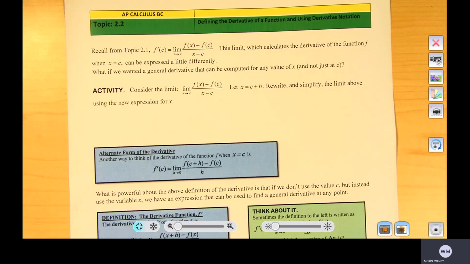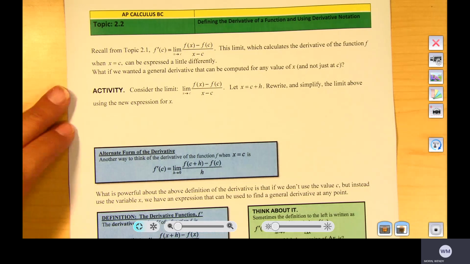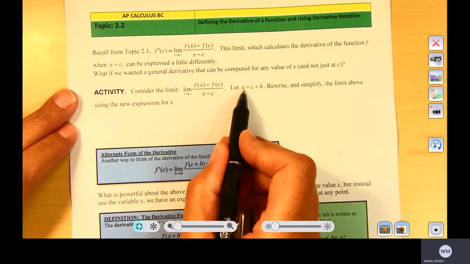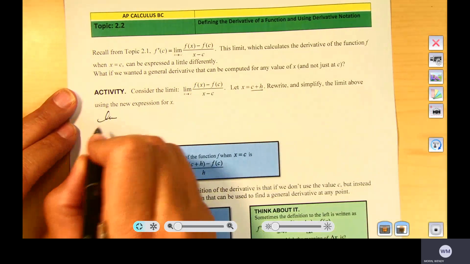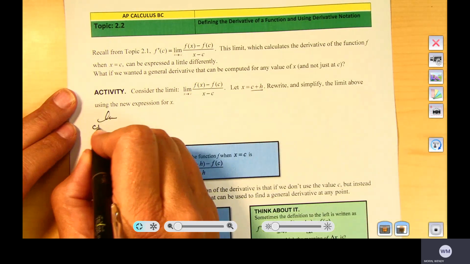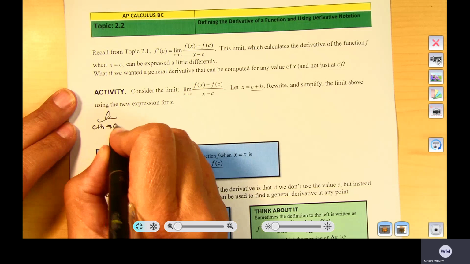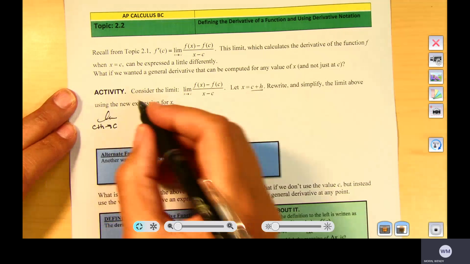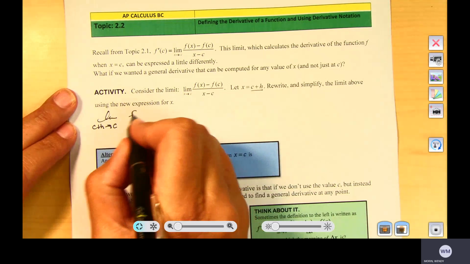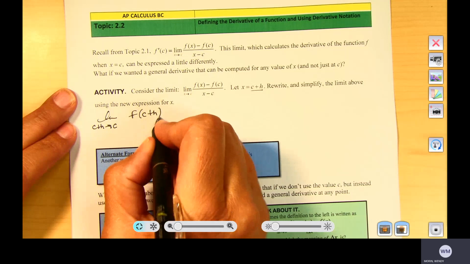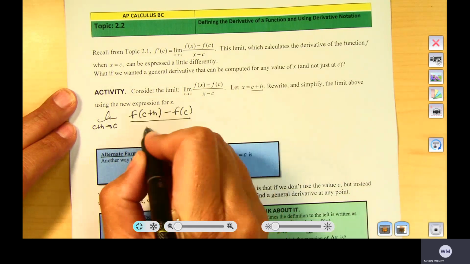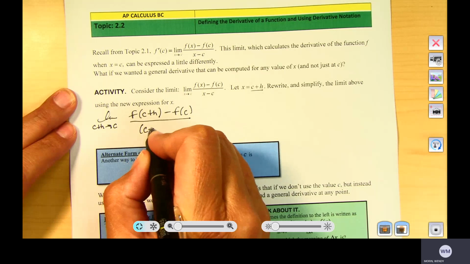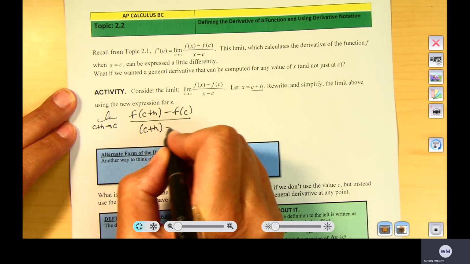So what we're going to do is make that substitution for x. The limit as c plus h approaches c of f of c plus h minus f of c all over our x value, c plus h minus c.